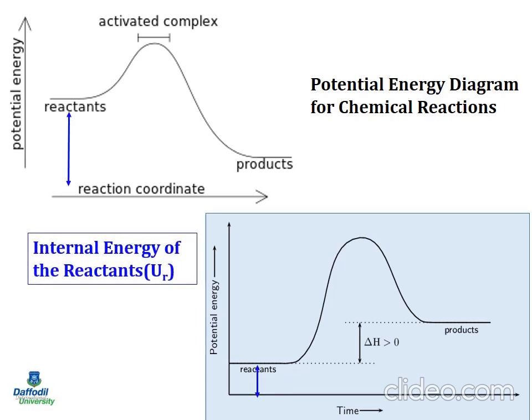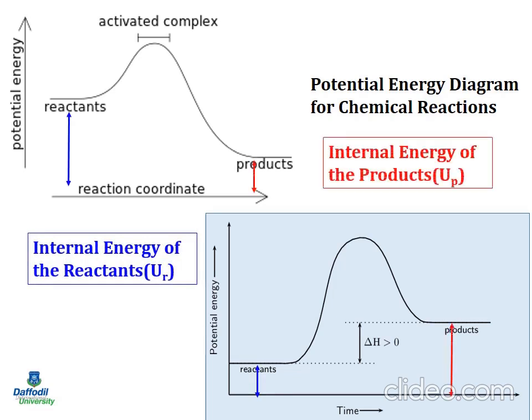During this passing through process, we need to consider whether the internal energy of the reactant is higher or lower than the internal energy of the product. If the internal energy of the reactant is higher than the product, then this type of reaction is known as an exothermic reaction, and if the internal energy of the product is greater than the reactant, then it is known as an endothermic reaction, as we can see there.